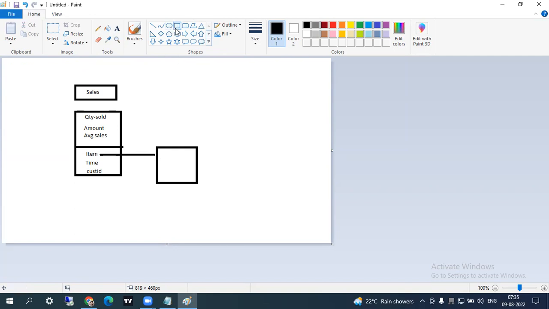For the time, you can capture day, month, year, hour, everything. For customer ID also, you can capture his address, city and country. Those attributes you can capture.